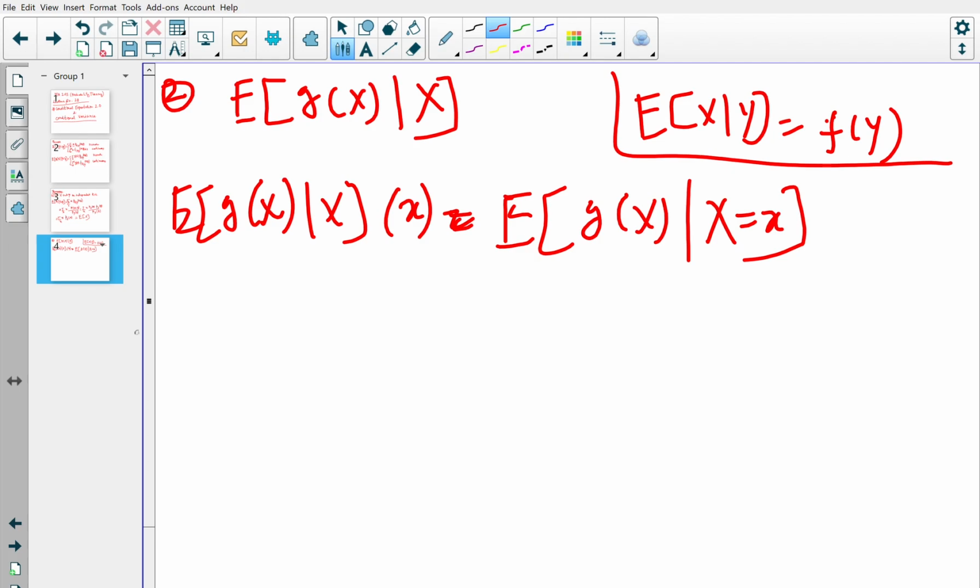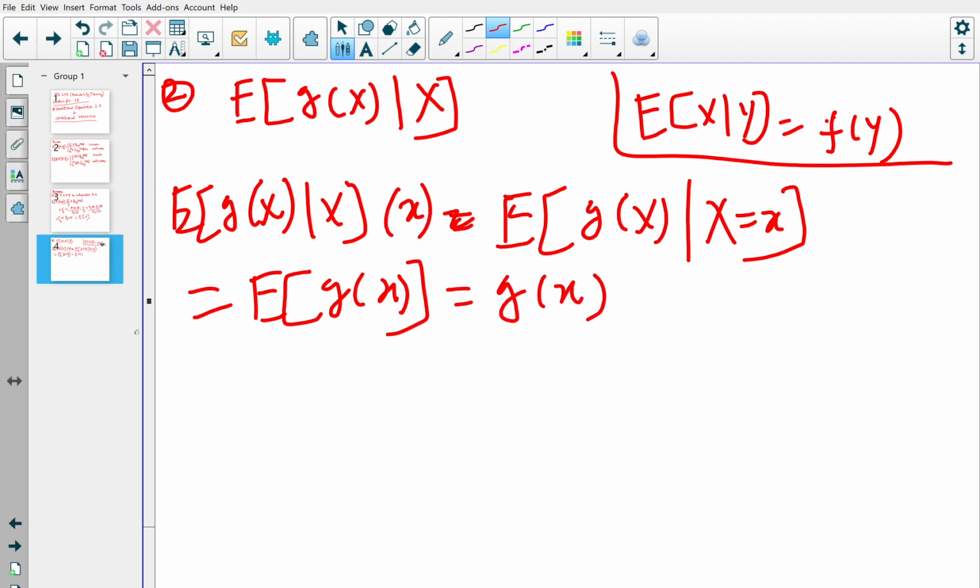When X equals x, g(X) becomes g(x), which is a constant, not a random function.